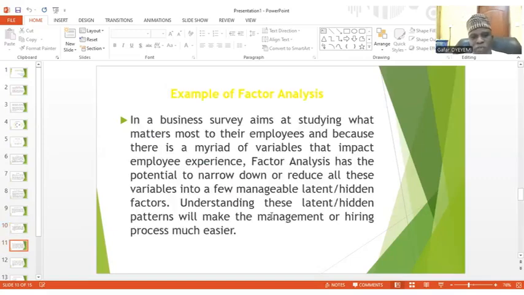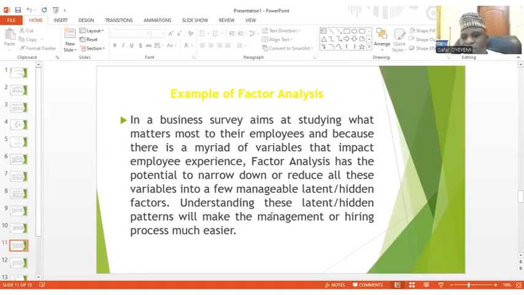Let's look at one or two examples of factor analysis as well. In a business survey that is aimed at studying what matters most to their employees, because this will entail a lot of variables that will impact employee experience, factor analysis has the potential of narrowing down or reducing these many variables into a few manageable hidden factors or variables.